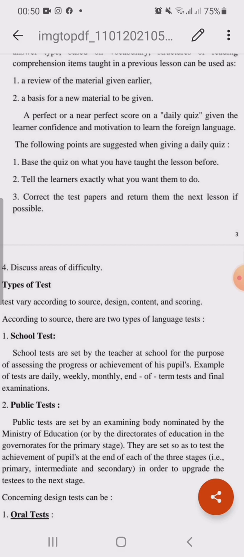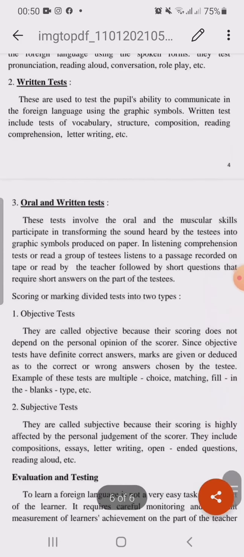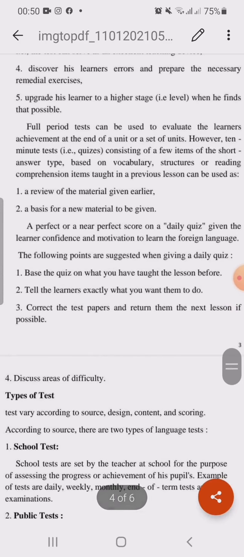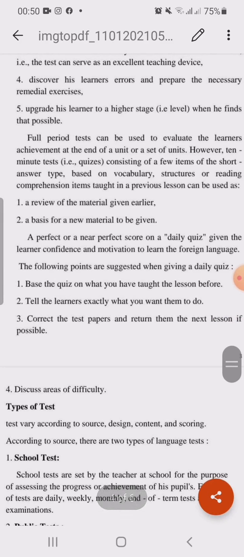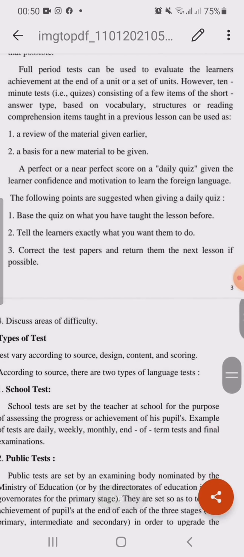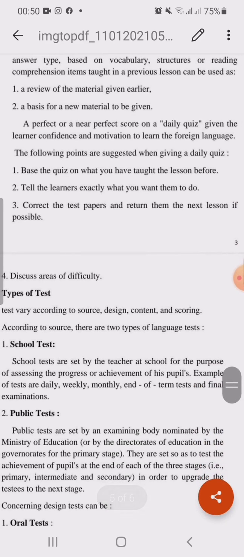The following points are suggested when giving a daily quiz. هذه النقاط يفضل اتباعها عند إعطاء الاختبار اليومي. Number 1, base the quiz on what you have taught in the lesson before، يعني ابني الكويز أو ضع الأسئلة على ما تم تعليمه في المحاضرة سابقا.